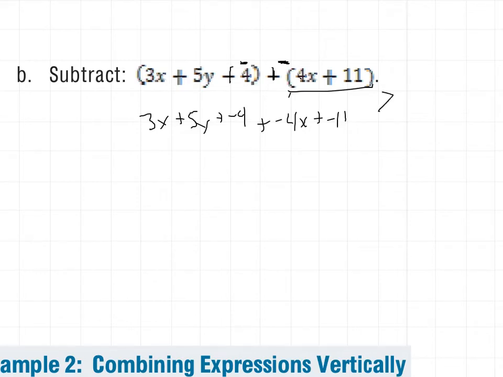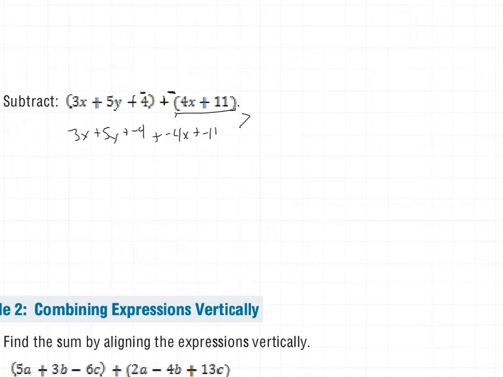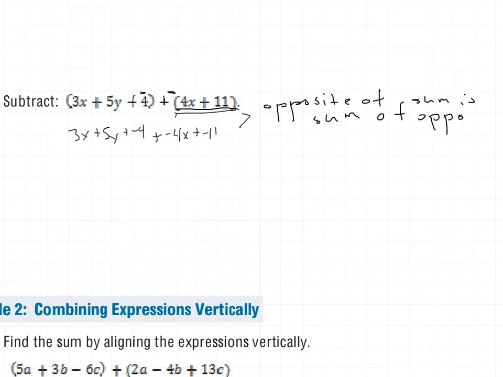There are two things that we do here. One, we use the associative property, but we also use that idea, and we wrote this out this way before. Again, thinking about this is the idea that the opposite of this sum is the sum of its opposites. We also changed our grouping here.